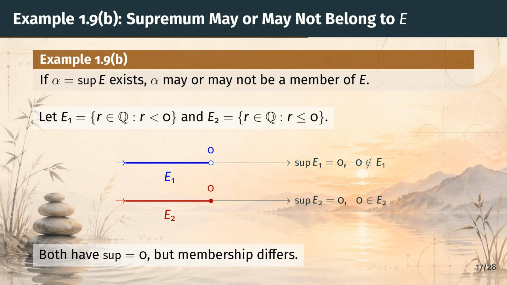The supremum is again 0, but this time 0 belongs to E sub 2. The open circle on the E sub 1 diagram shows that 0 is excluded, while the filled circle for E sub 2 shows inclusion. Both sets have the same supremum, but membership differs. This is an important subtlety. The supremum need not be an element of the set.